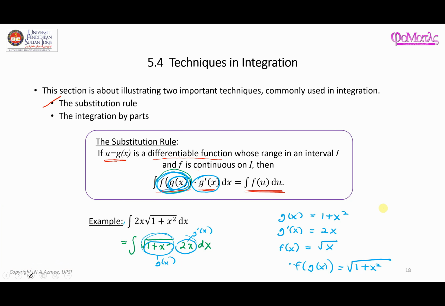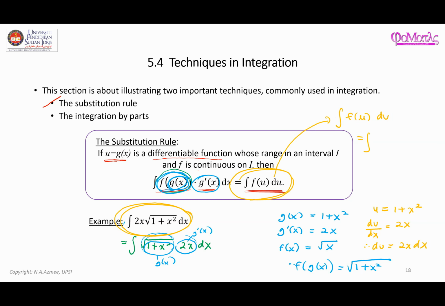So the substitution is u equal to g(x), u is equal to 1 plus x squared. If you differentiate u with respect to x, you will get 2x, and therefore du will be equal to 2x dx. This representation is similar to f(u) du. So what is the meaning of f(u)?